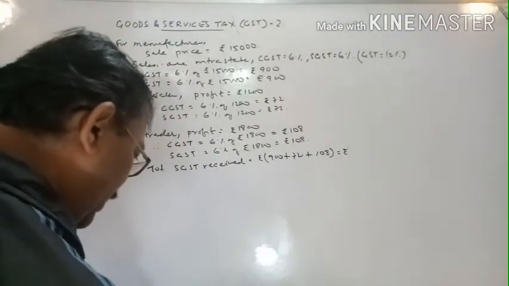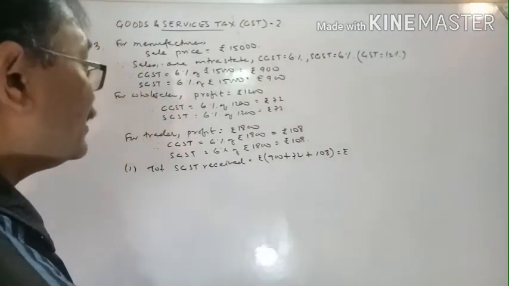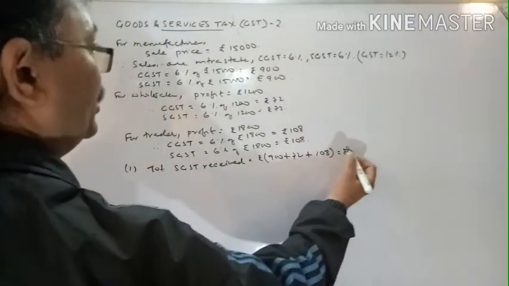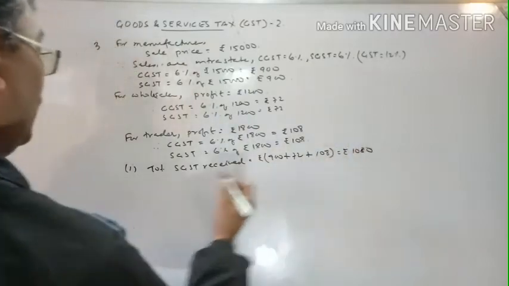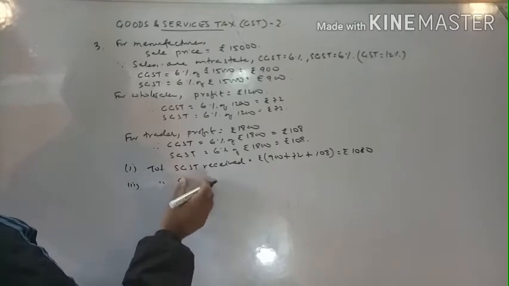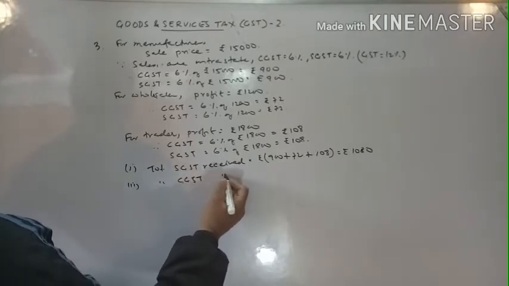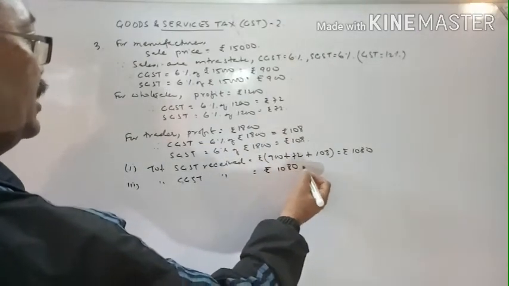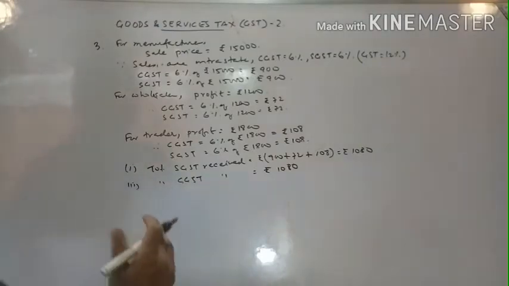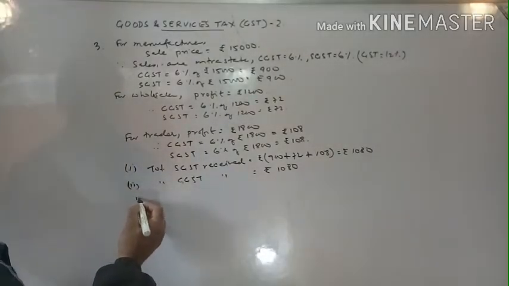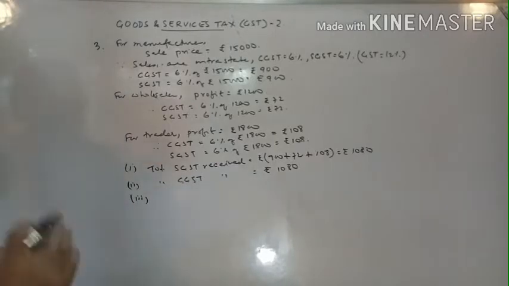So we have 108 plus 972, so that is 1080. So rupees 1080. So number 2, total CGST. CGST received is equal to the same thing, rupees 1080, because remember SGST and CGST are always the same if it is intrastate. If it is intrastate and interstate, then it will change.